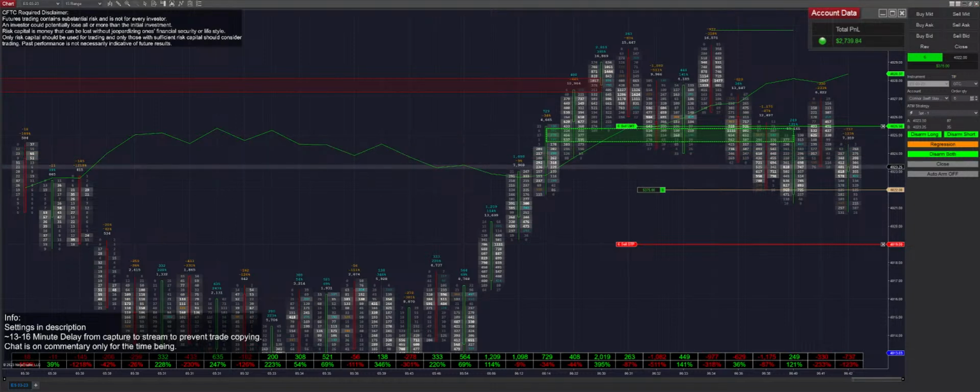You can see I moved our take profit just to the top of that zone because it's pretty easy alpha. If this trade's gonna fill, it's gonna push all the way through that green zone at least.